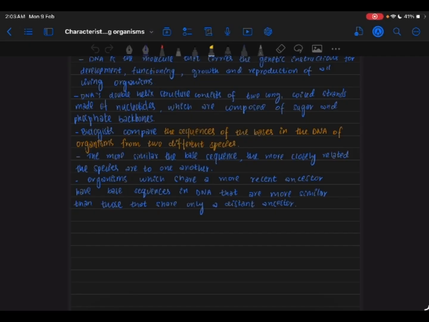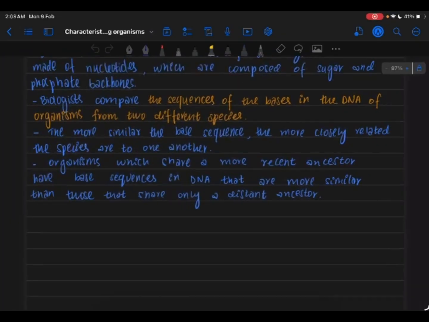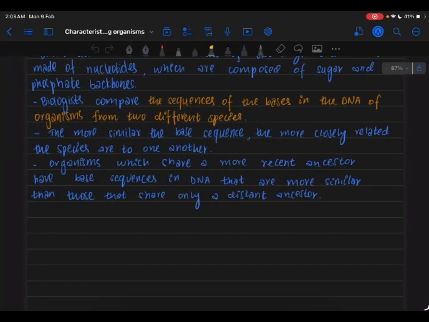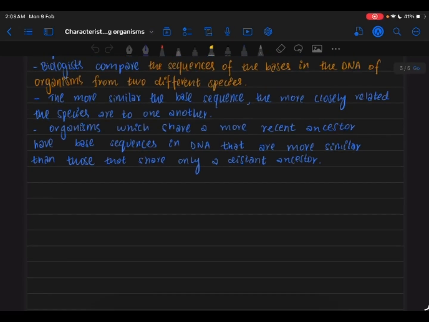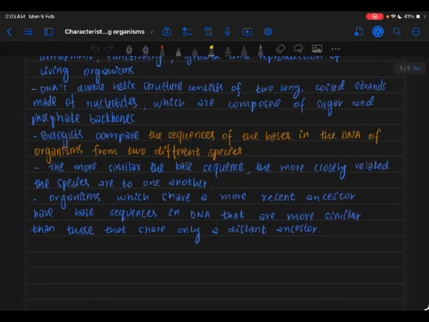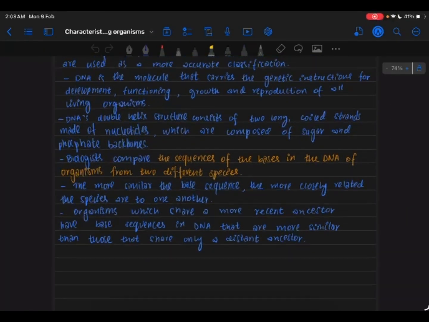If the base sequences were more similar, that means the 2 organisms are more closely related to one another and share a more recent common ancestor. However, if the base sequences did not have as many similarities, that means they share a distant common ancestor. So that's it from me for this unit. See you guys in the next video.